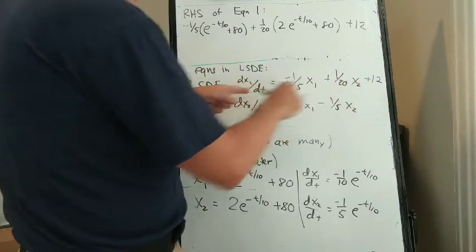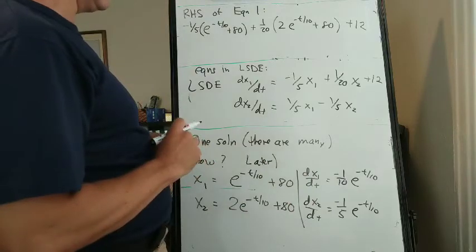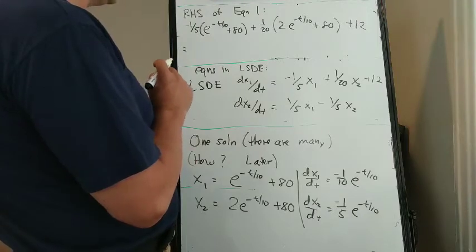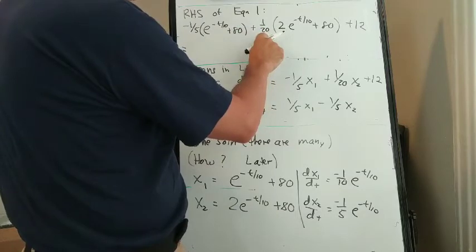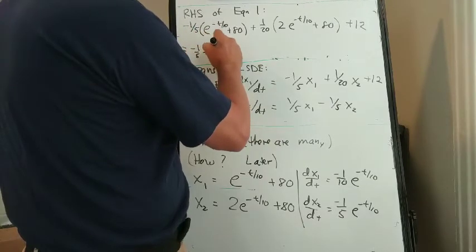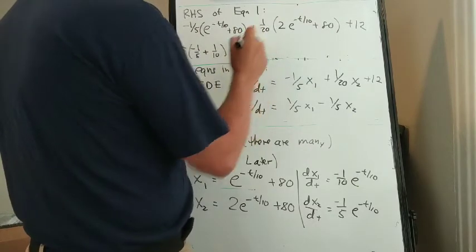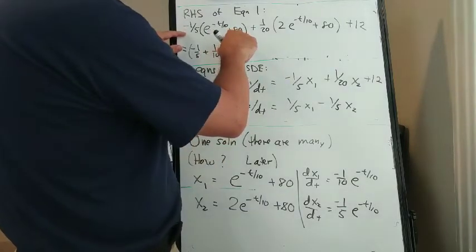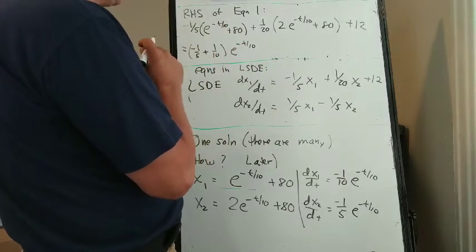We're hoping that it simplifies to dx1 dt, which is negative 1/10 e to the negative t over 10. Well, how many e to the t over 10s do we have? We've got negative 1/5 of them. 2/20ths is 1/10. So minus 1/5 plus 1/10 e to the negative t over 10. And then what's our constant? Minus 1/5 of 80. Let's see, minus 1/10 of 80 would be minus 8.